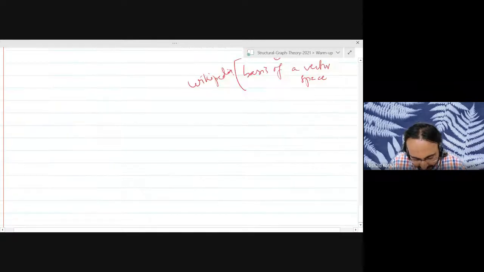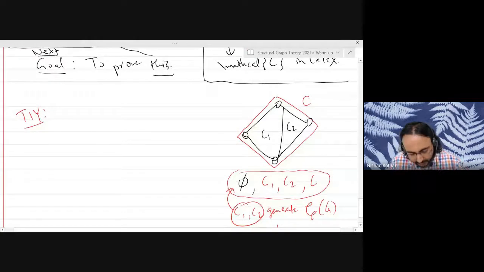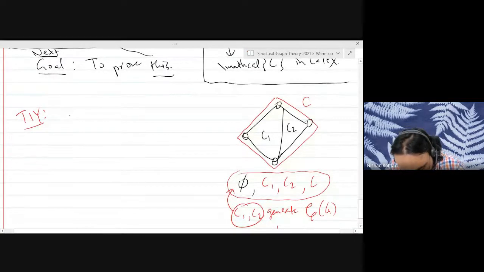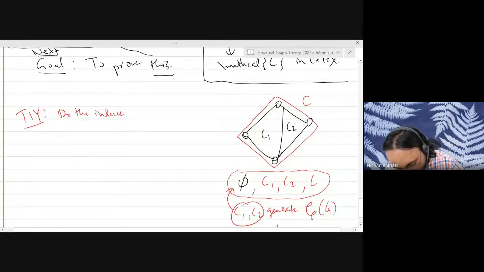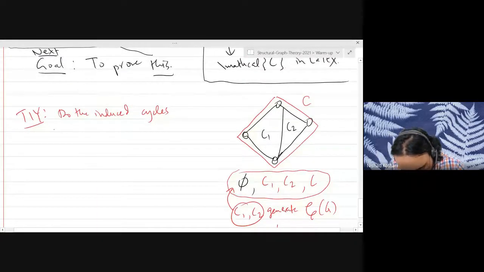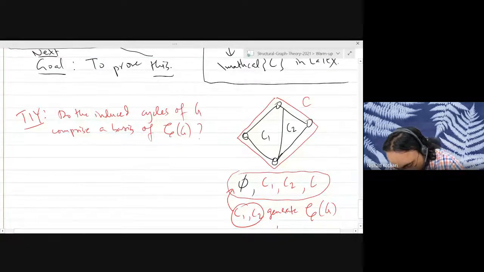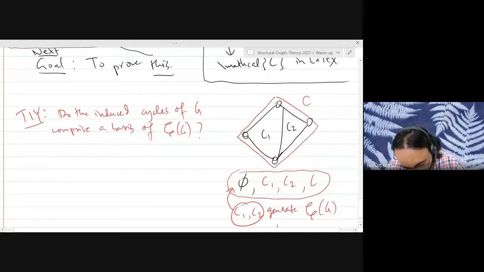I will distinguish between do-it-yourself and try-it-yourself, because a try-it-yourself might also appear on one of your assignments. Do the induced cycles comprise a basis of the cycle space of the graph? There might be people here who don't know what an induced cycle is, so I will define it in my post on Piazza.